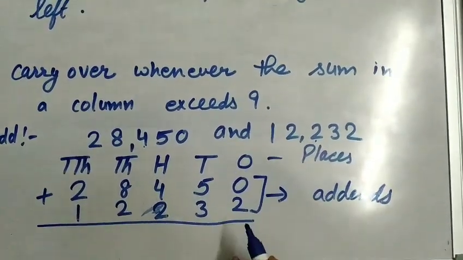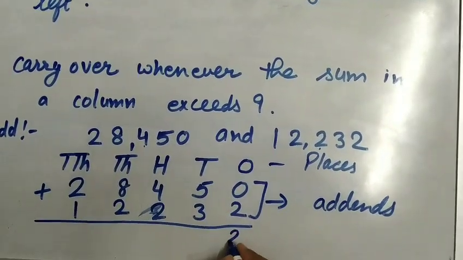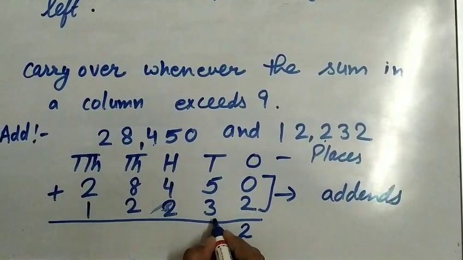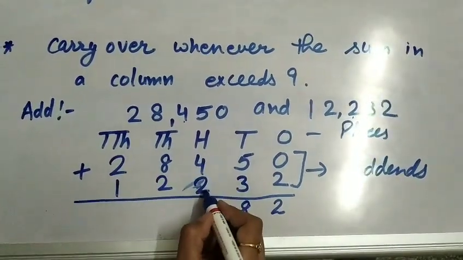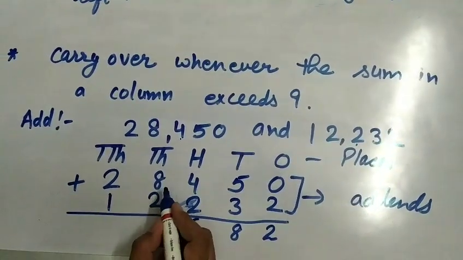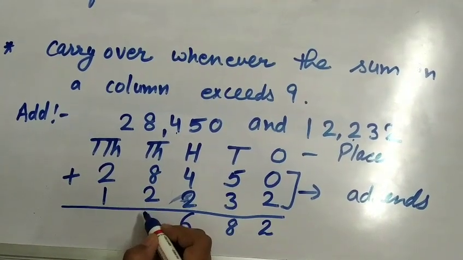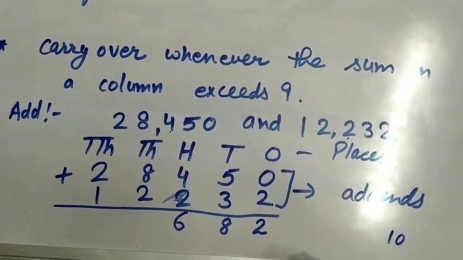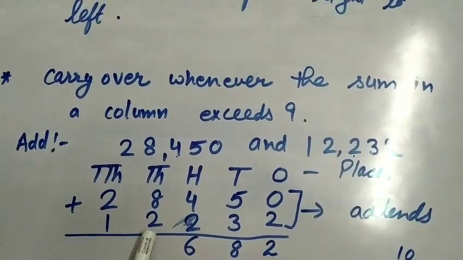Now start addition. 0 and 2, 2. 5 and 3, 8. 4 and 2, 6. Now 8 and 2. Yes, 8 and 2 is 10. Now the thousands column sum exceeds 9.